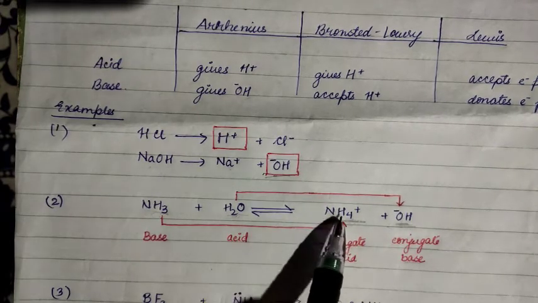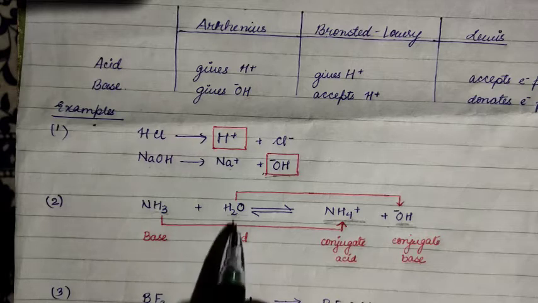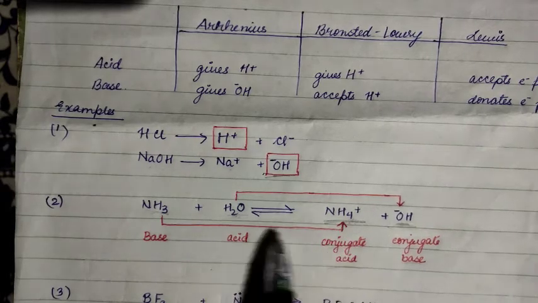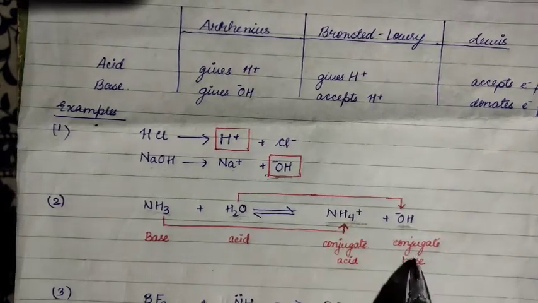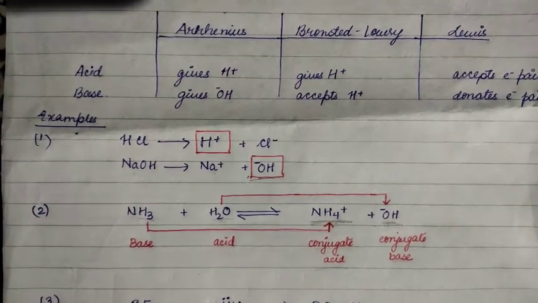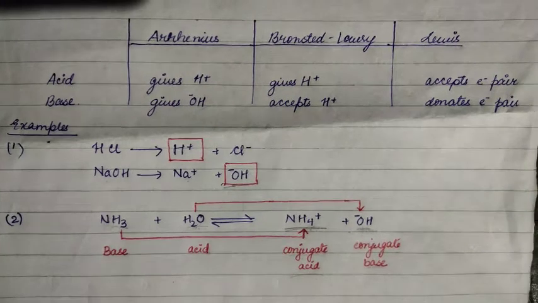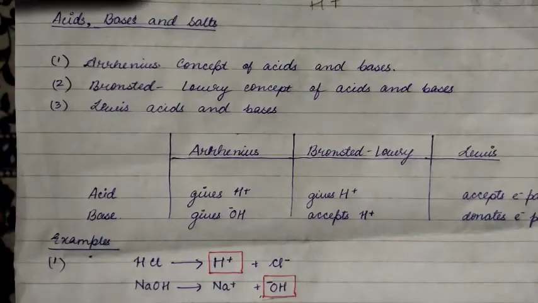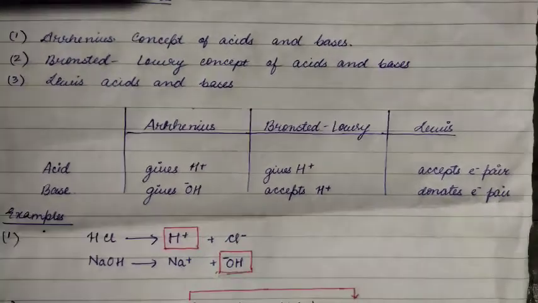If you look in the forward reaction, this is the base and this is the acid, but if you look in the backward reaction, this is the acid and this is the base, and it goes properly with the definition of Bronsted-Lowry. Okay. The third concept is the Lewis acids and bases, and it's very simple.